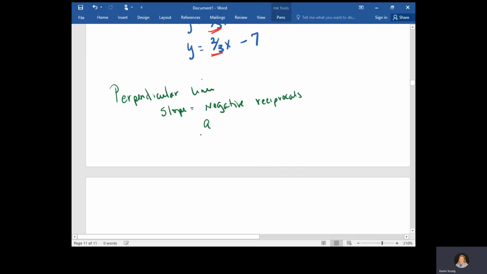So if one slope is A over B, the perpendicular slope (the upside-down T is shorthand for perpendicular) is negative B over A. Another way to see it: A over B times negative B over A equals -1. So if you multiply your two slopes together, it'll give you -1.